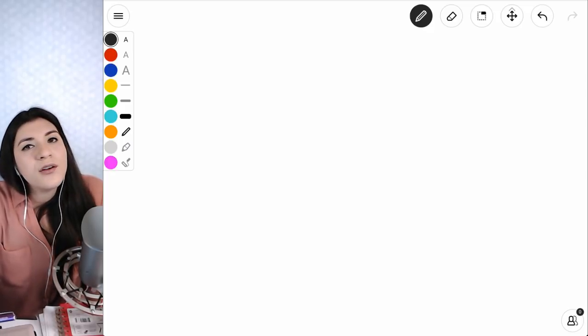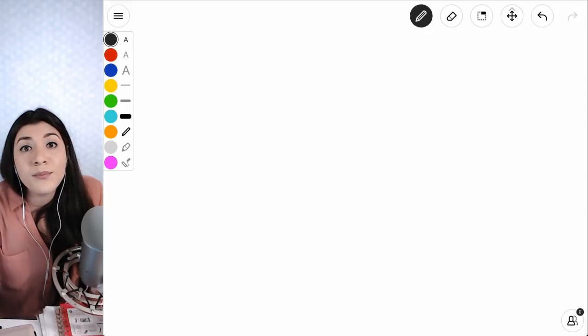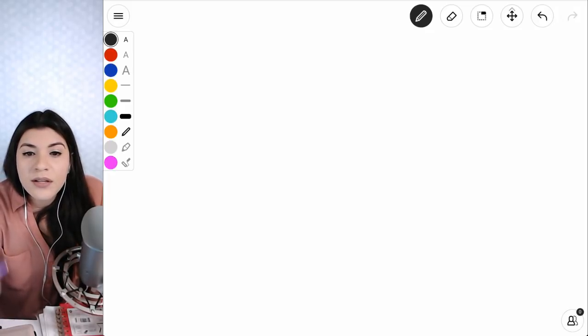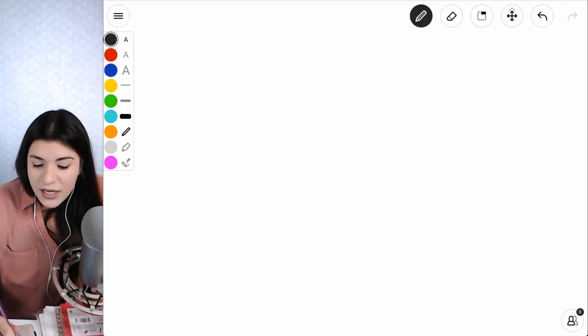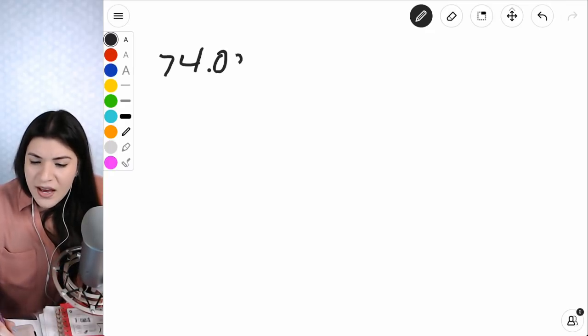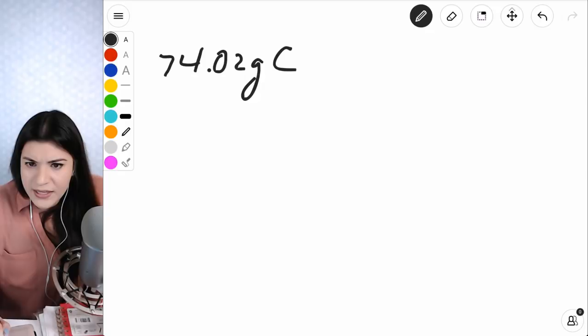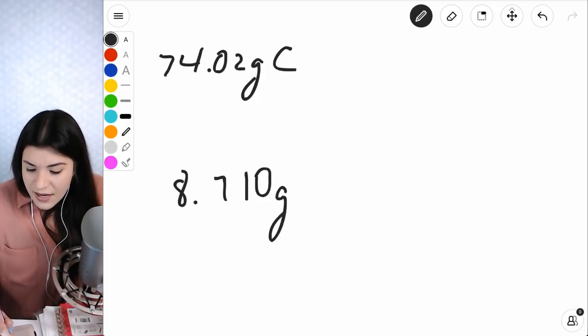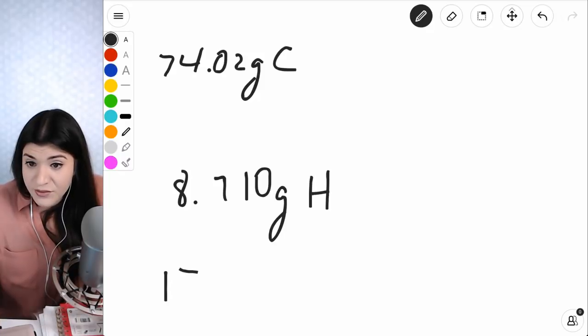To find your molecular formula, you have to figure out your empirical formula. So let's say we initially were given 74.02 grams of carbon, 8.710 grams of hydrogen, and 17.27 grams of nitrogen.